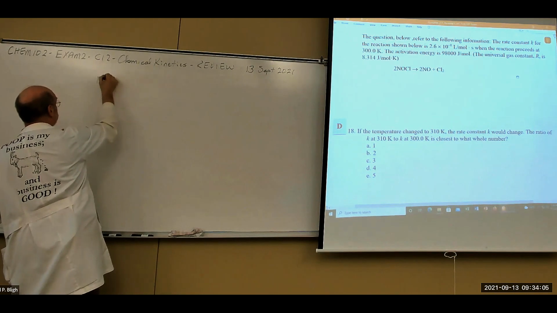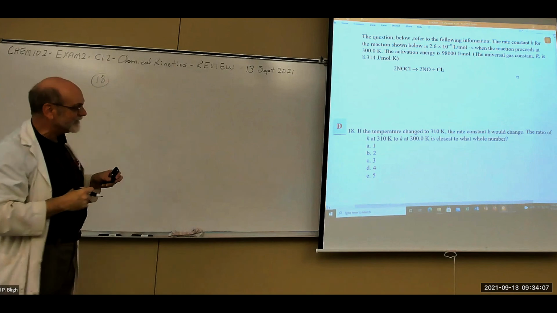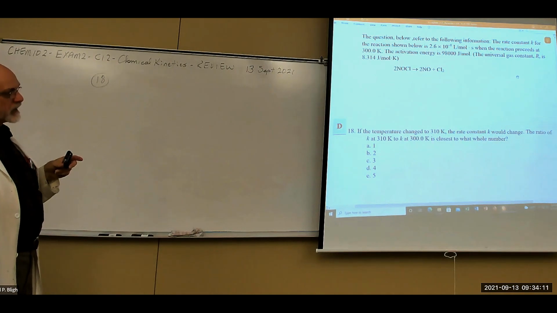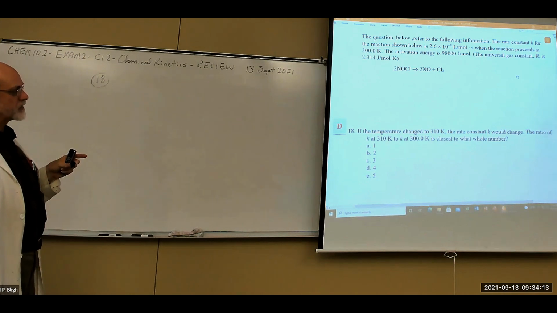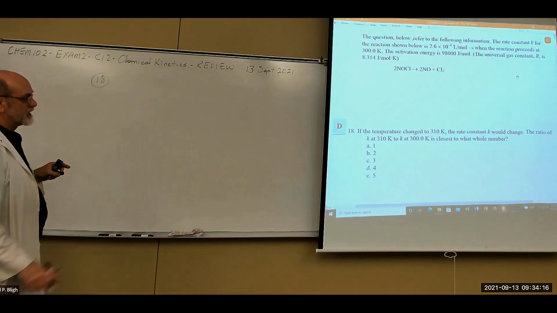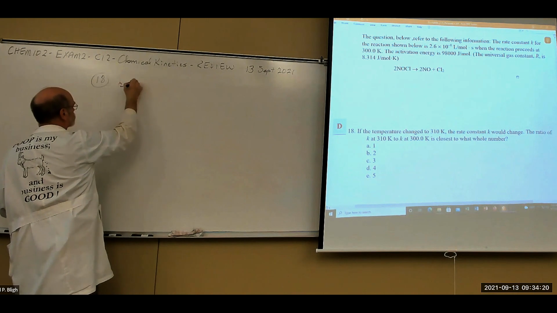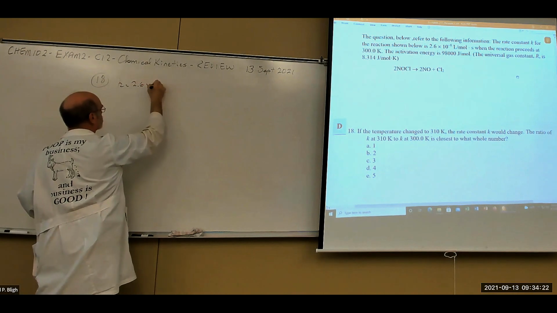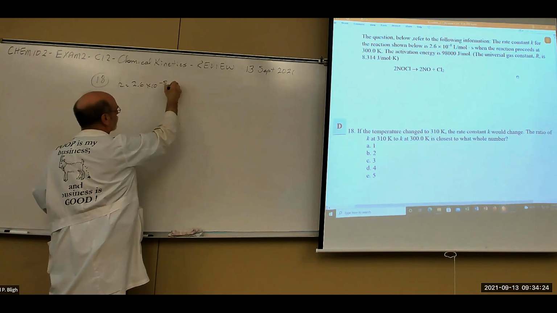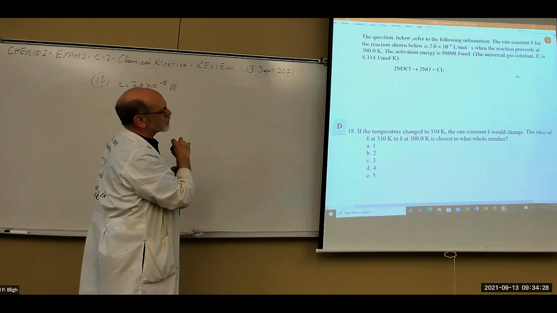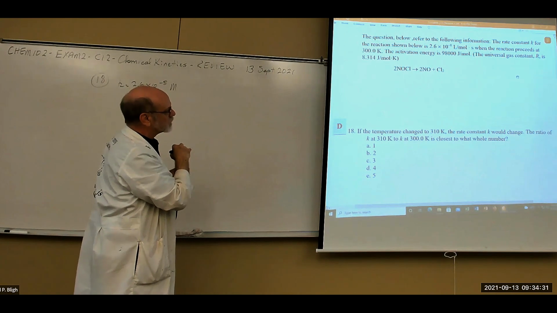The basic information that we're given is the rate constant k for the reaction shown below is 2.6 times 10 to the minus 8. Rate constant equals 2.6 times 10 to the minus 8 molarity, liters per mole second, liters per mole per second.